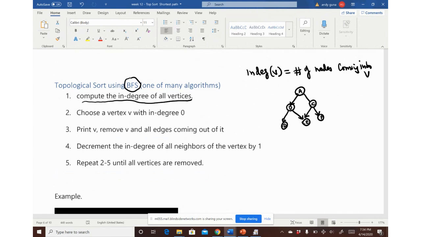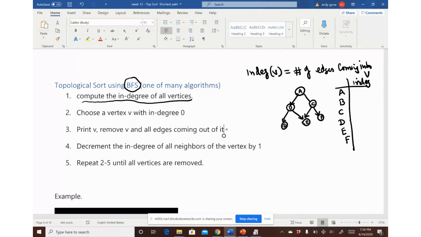Number of edges, not the nodes. Right, so the in degree of A is how many edges are coming into A?